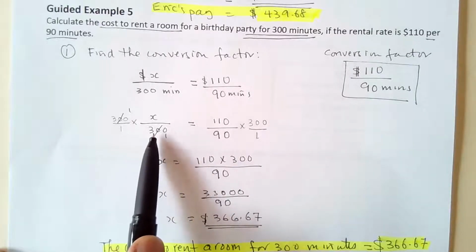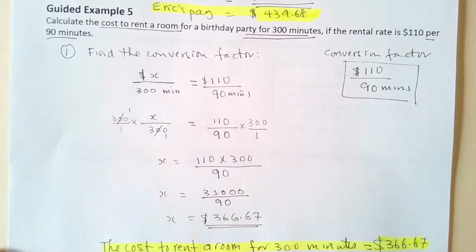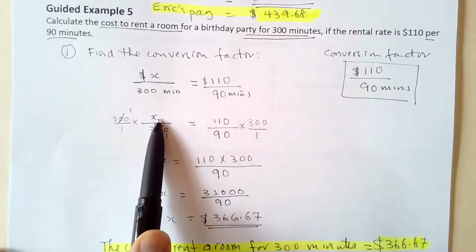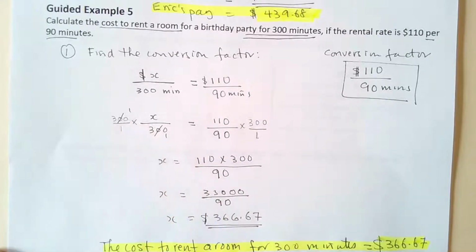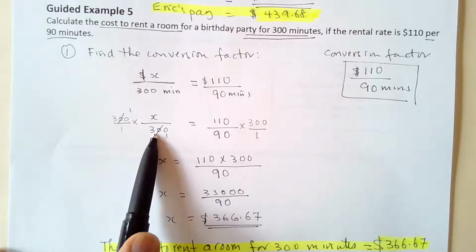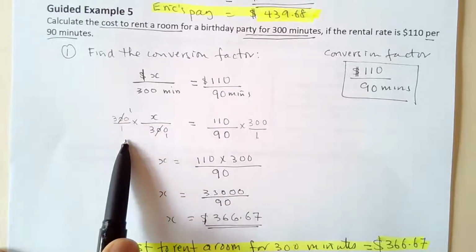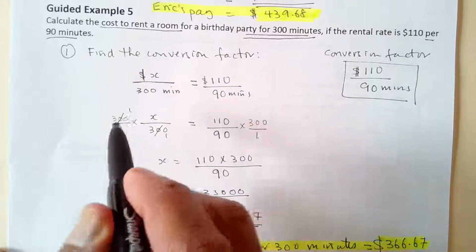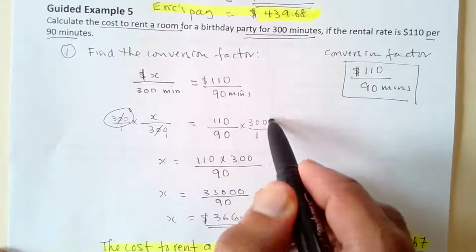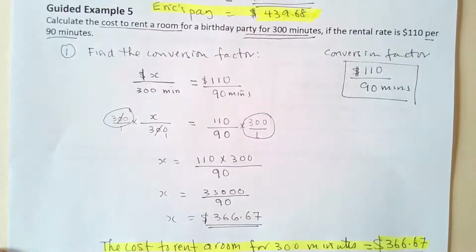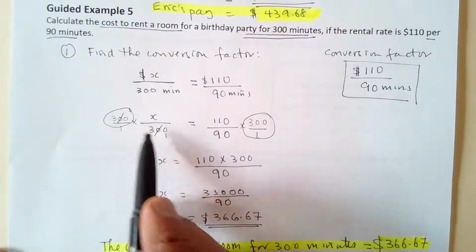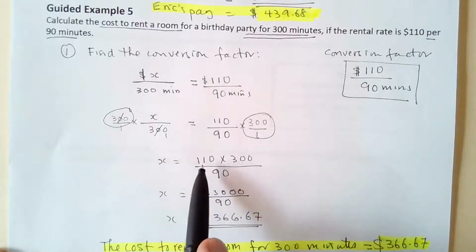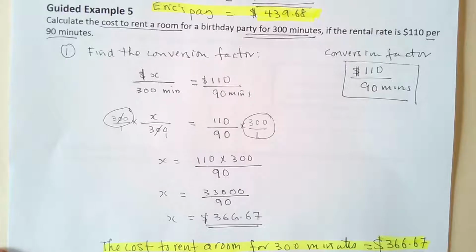The next step, you isolate the unknown, in this case by multiplying by the reciprocal of 1 over 300, which is 300 over 1, on both sides. So make sure you're doing it on both sides. Don't forget that. Once we isolate the x, then we solve, or you can use a calculator. In this case, it's much easier to get your result.